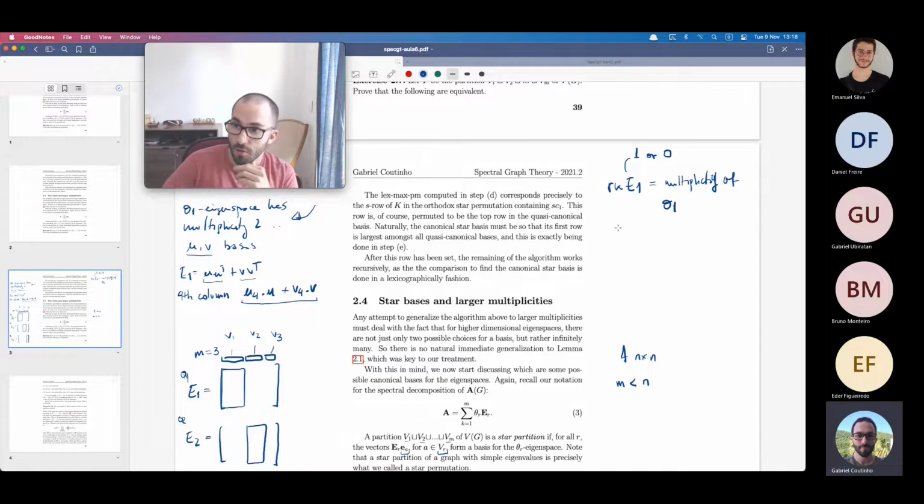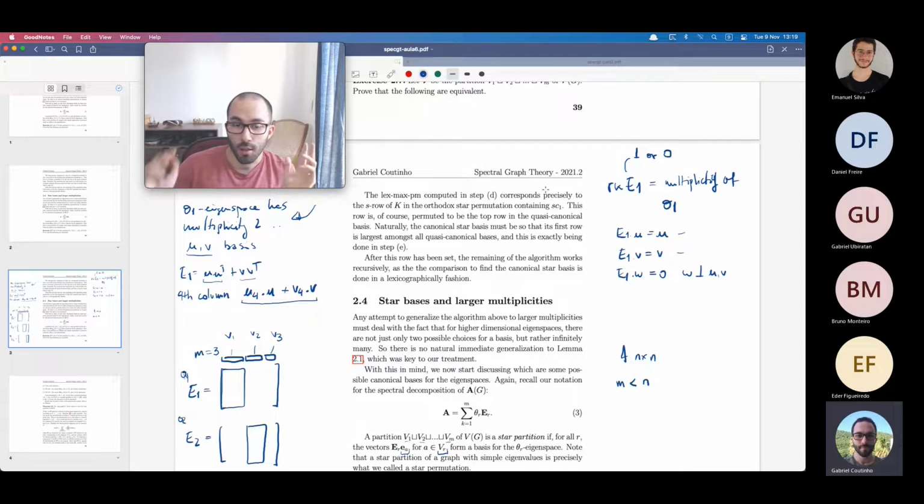Because after all, if I multiply E sub 1 by U, I get U. If I multiply E sub 1 by V, I get V. And if I multiply E sub 1 by W, I get 0 if W is orthogonal to U and V. So U is an eigenvector with eigenvalue 1, V is an eigenvector with eigenvalue 1, and I can complement this to a basis of the space, and all of these other vectors are going to be eigenvectors with eigenvalue 0.